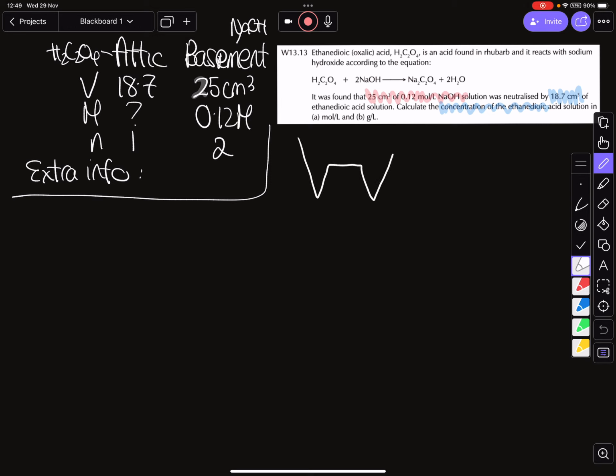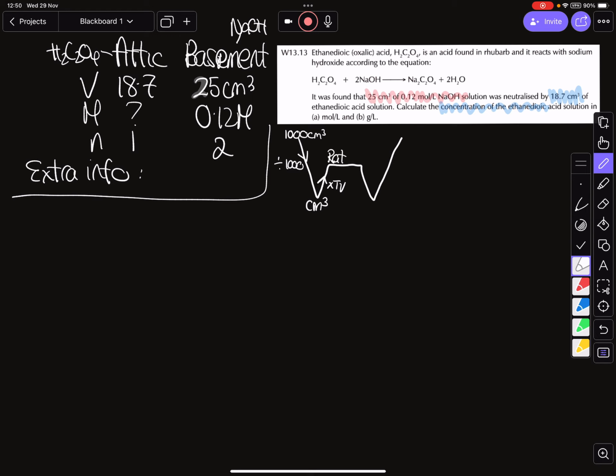So again, to remind you, we are doing first principle maths to find big M, moles in a litre. We'll always start with our moles in 1,000 centimeters cubed. This W is the pathway we're going to follow. When we go down, we divide by 1,000. That's going to give us our moles in a centimeter cubed. We're then going up. When we go up, we always multiply. In this case, we're multiplying by a tighter volume.